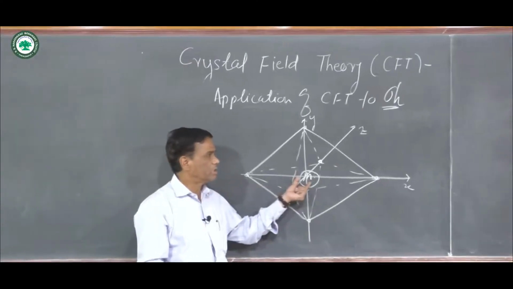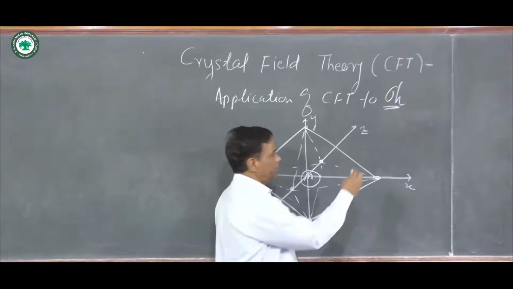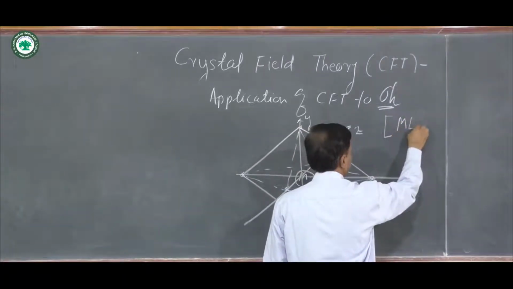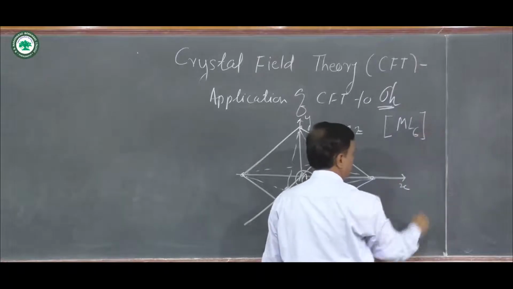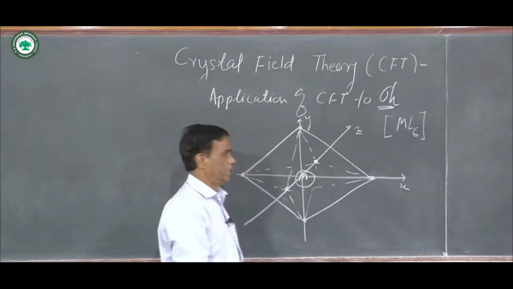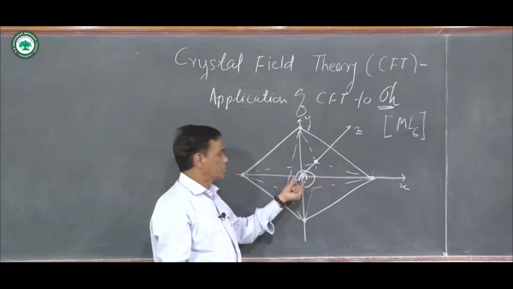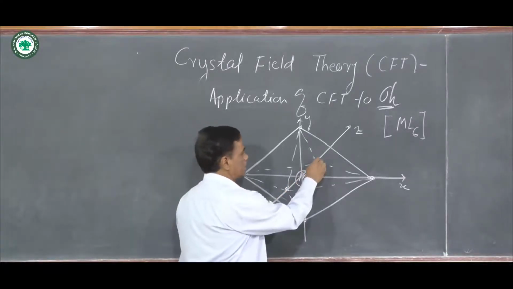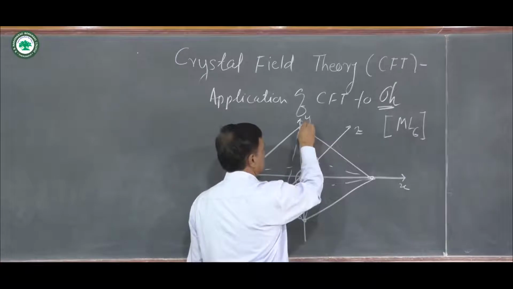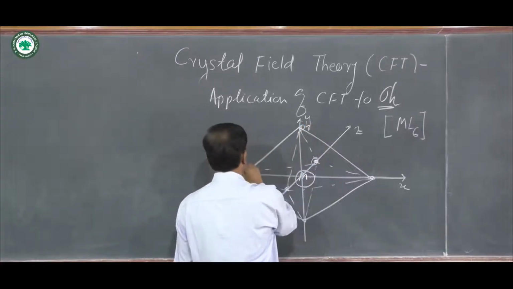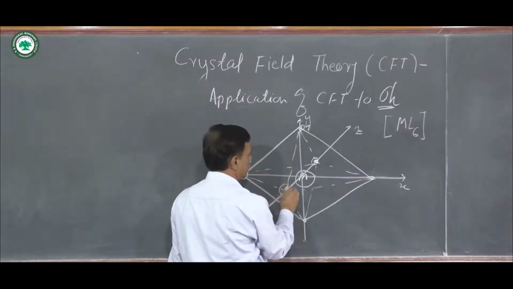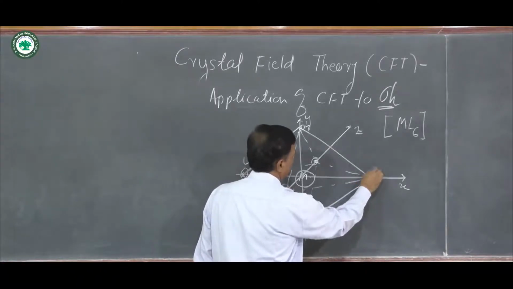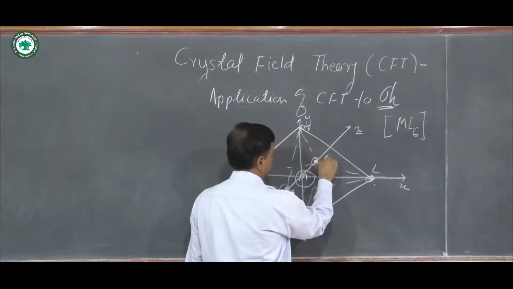In an octahedral complex, the metal is at the center position. Then six ligands surround that metal or metal ion. In the structure, the metal is at the center position, and these are the six ligands. This is ligand 1, this is ligand 2, this is ligand 3, this is ligand 4, this is ligand 5, and this is ligand 6.